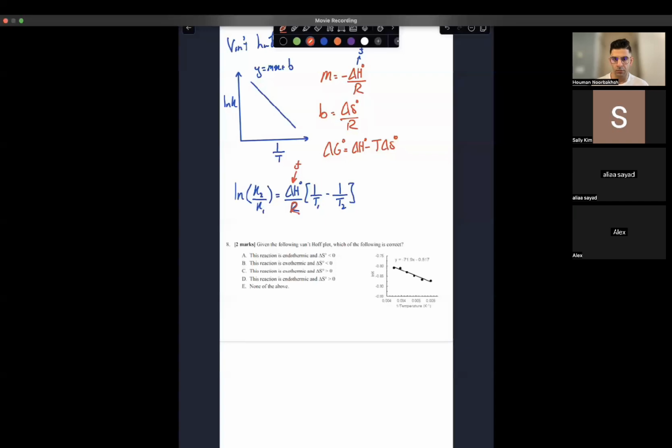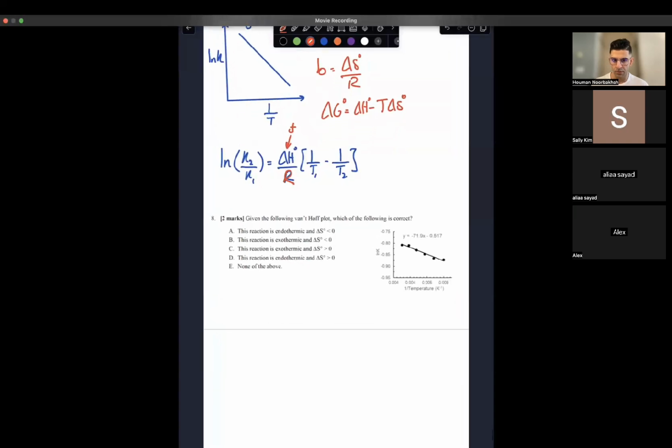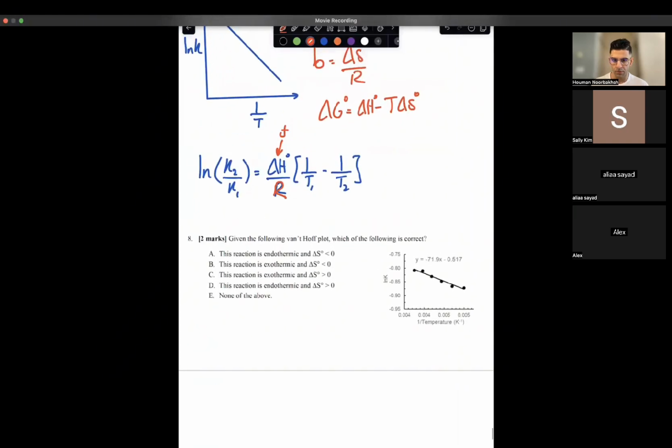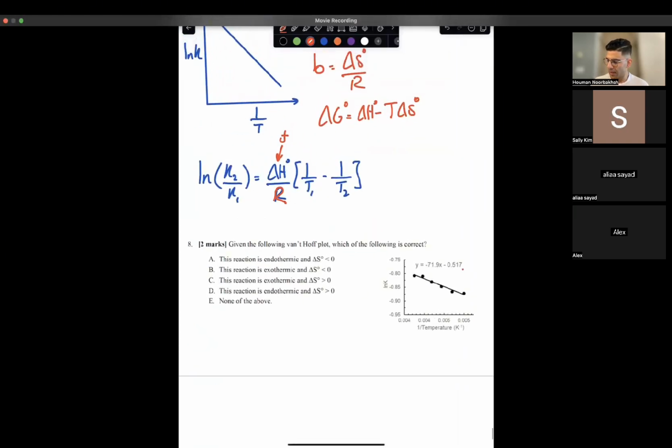I'm not sure how to connect with the delta S. So that's your b and that's your m. You don't even have to solve for anything.